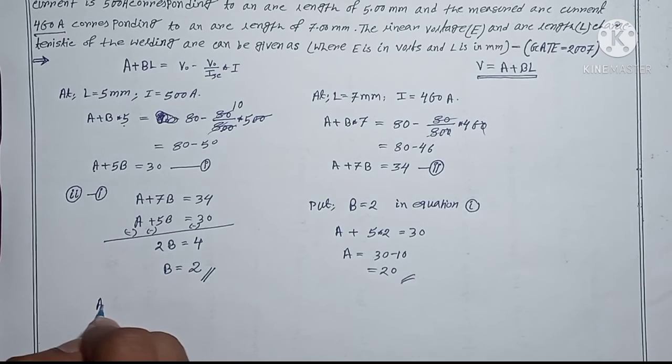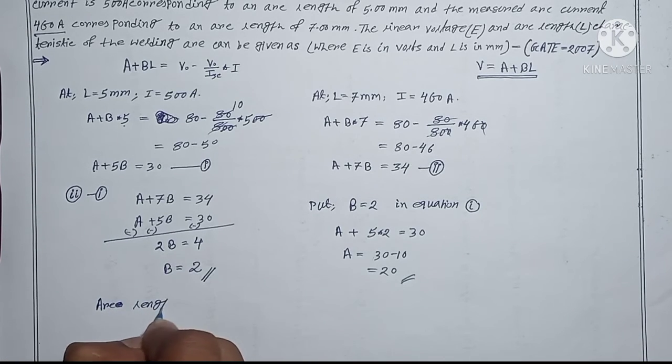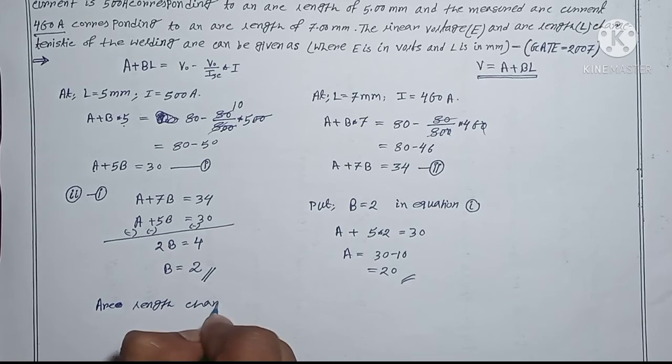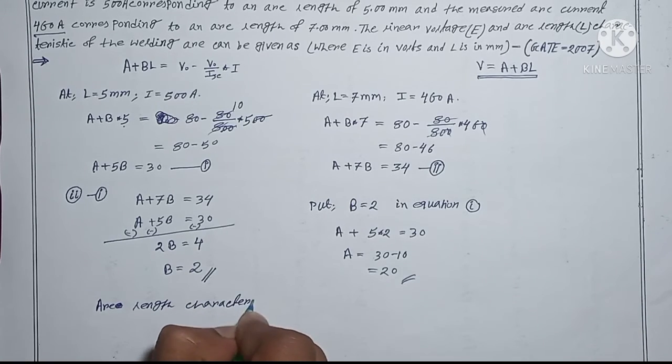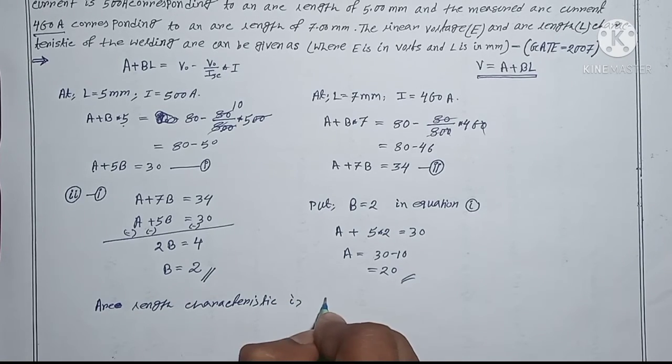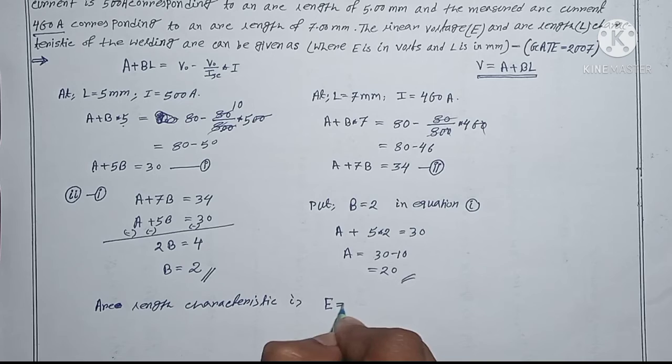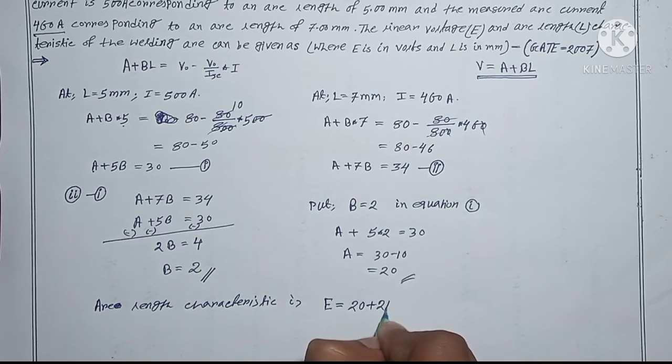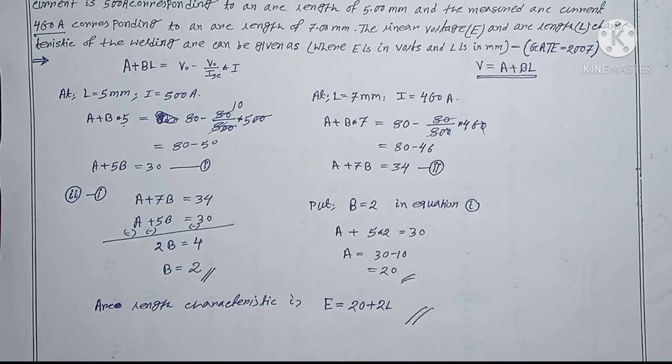So you can write down the arc length characteristic is E equal to A plus BL, so 20 plus 2 times L. So I think this question is also clear to you.